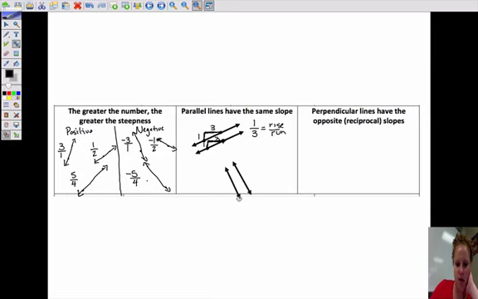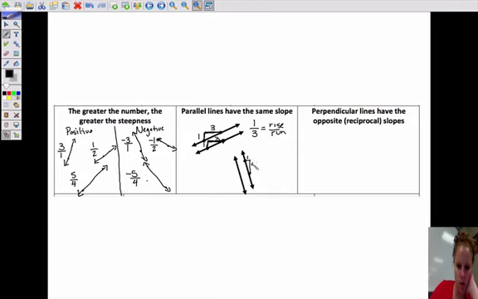So let's say these two. We could have the same thing if the line's going down. Let's make a steeper line, and we'll copy that. And let's say these lines go over 1, down 4.